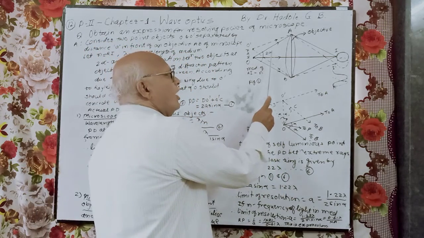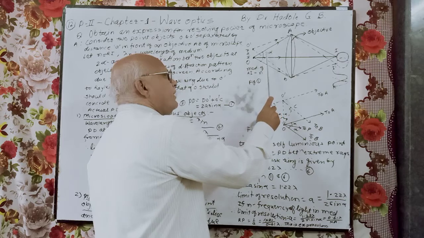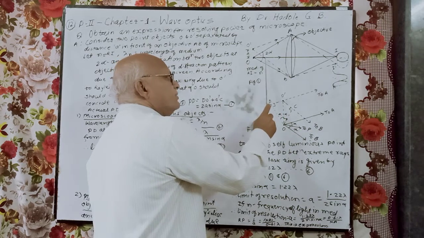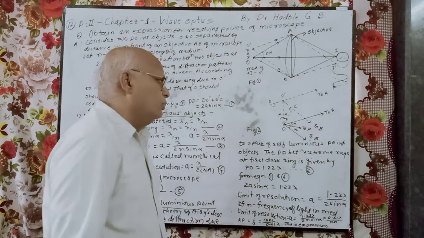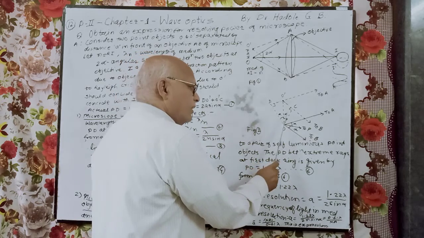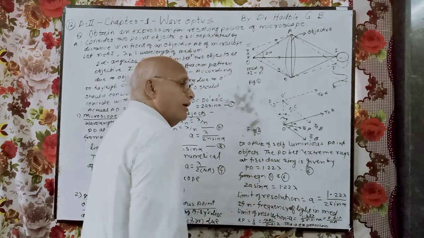Here, 2 alpha is the angle subtended by the rays at the objective. Here this is alpha, alpha.